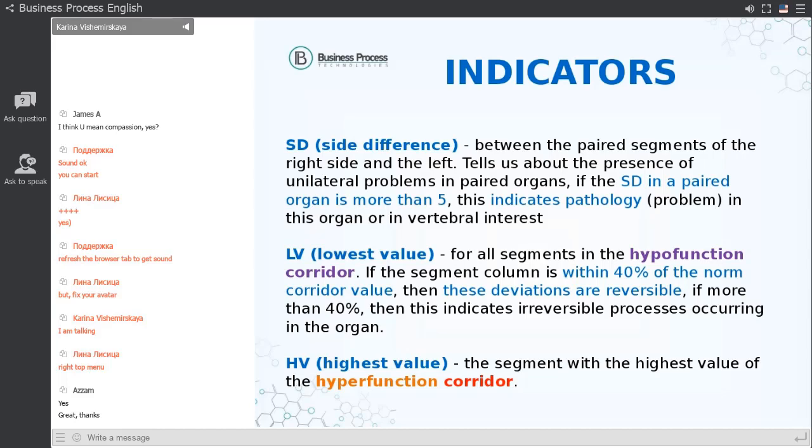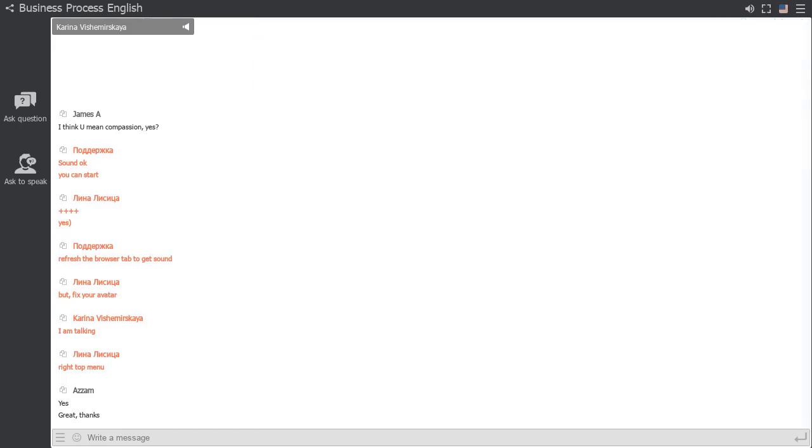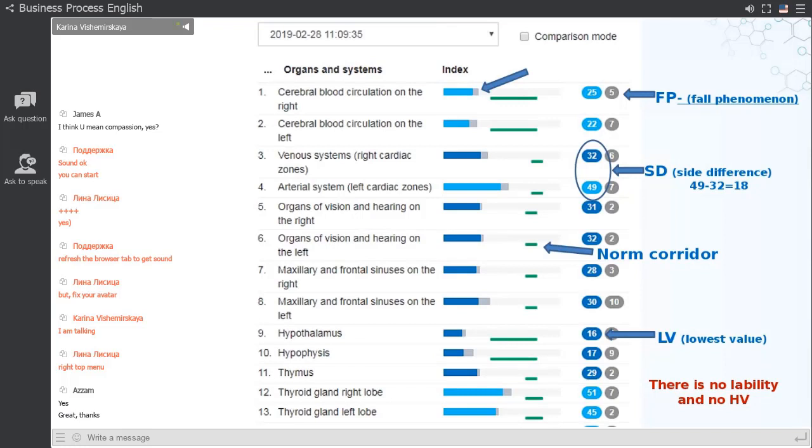Let's open a diagram. I will show you side difference, lowest value, highest value, and norm corridor. Here you have a norm corridor. Basically these green lines you can see below each organ and system. For different organs and systems and different segments, norm corridors are different.